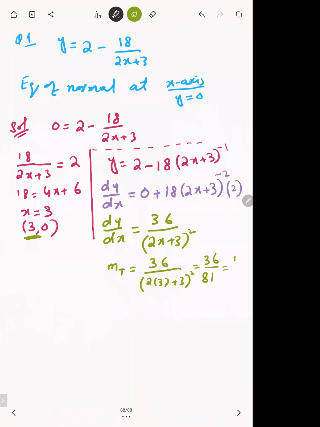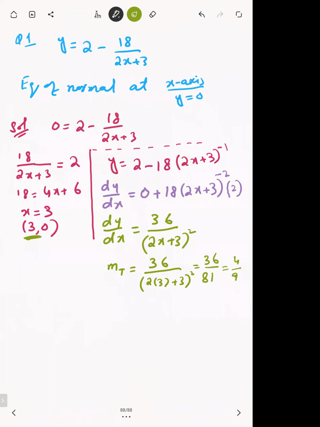If we reduce this, that will become 4 by 9. So 4 by 9 is the gradient of tangent. I hope my calculation is right. 2 times 3 is 6, 6 plus 3 is 9, 9 square is 81. Yes, 36 by 81 is 4 by 9.